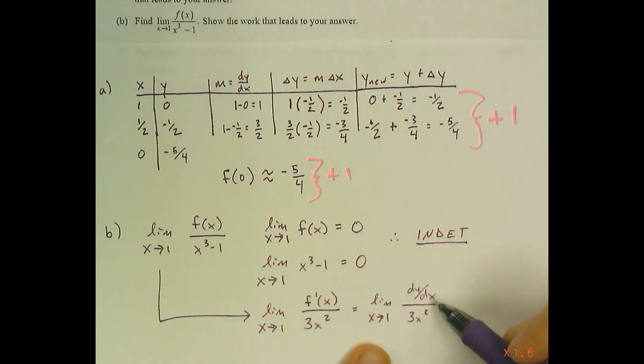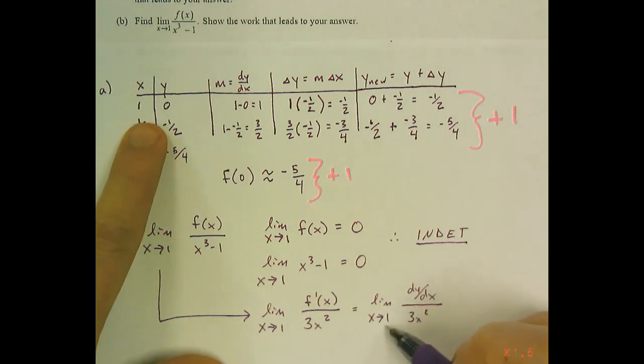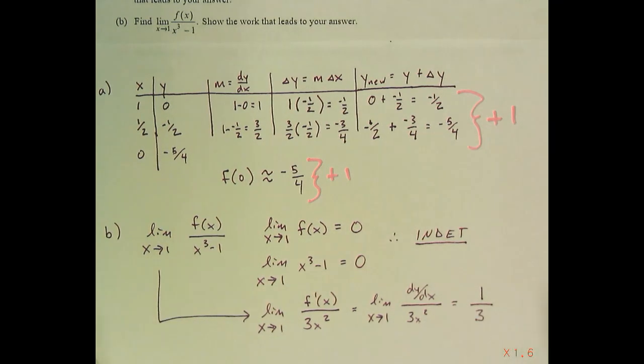So when we go back up to the given information and we plug x in, our y coordinate when x is 1 is 0. So 1 minus 0 is 1. And then the x value is 1, so we get 1/3. So using L'Hopital's rule, you get an answer of 1/3.